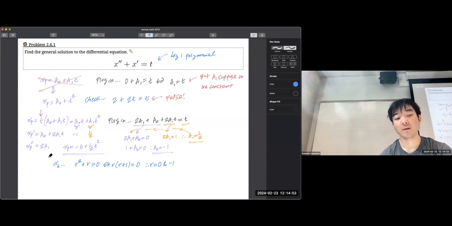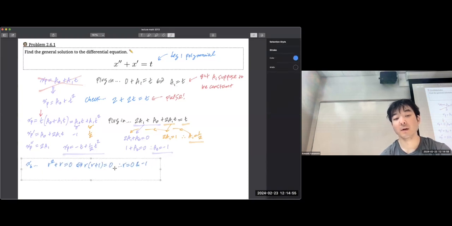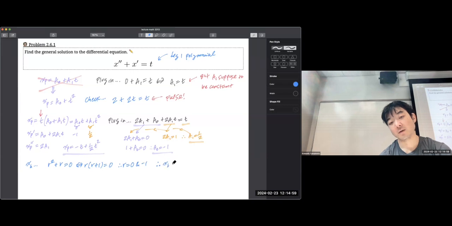So I'll just move this over. Therefore, your homogeneous solution will equal C1 e to the 0t, plus C2 e to the -t.